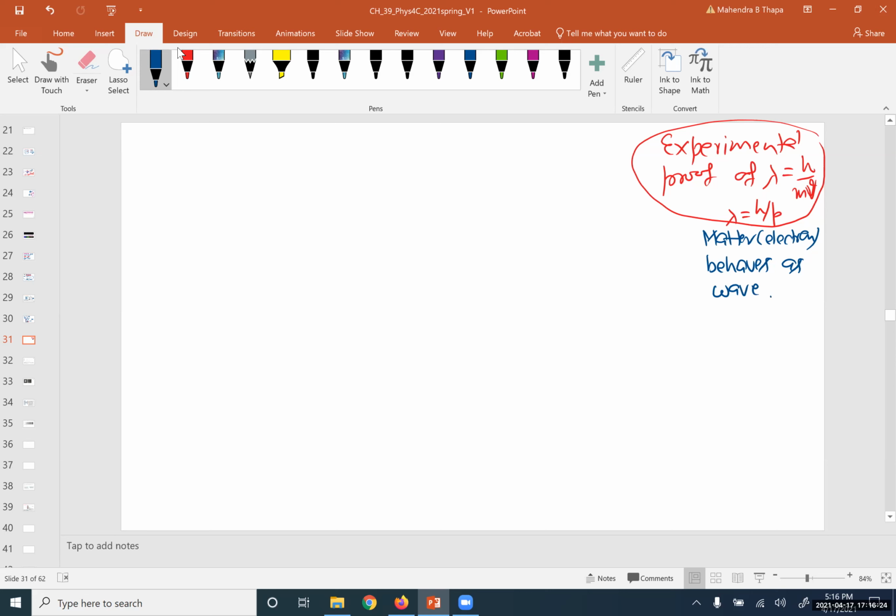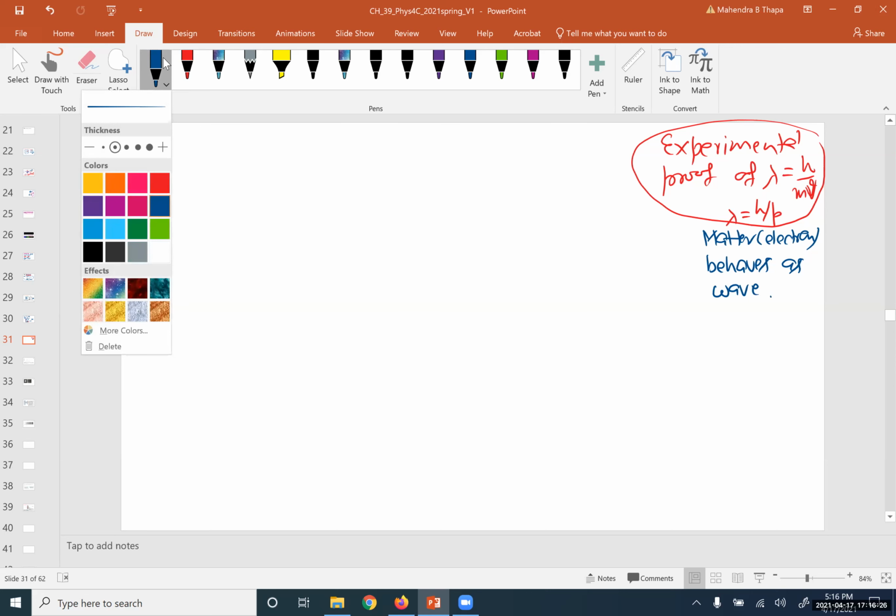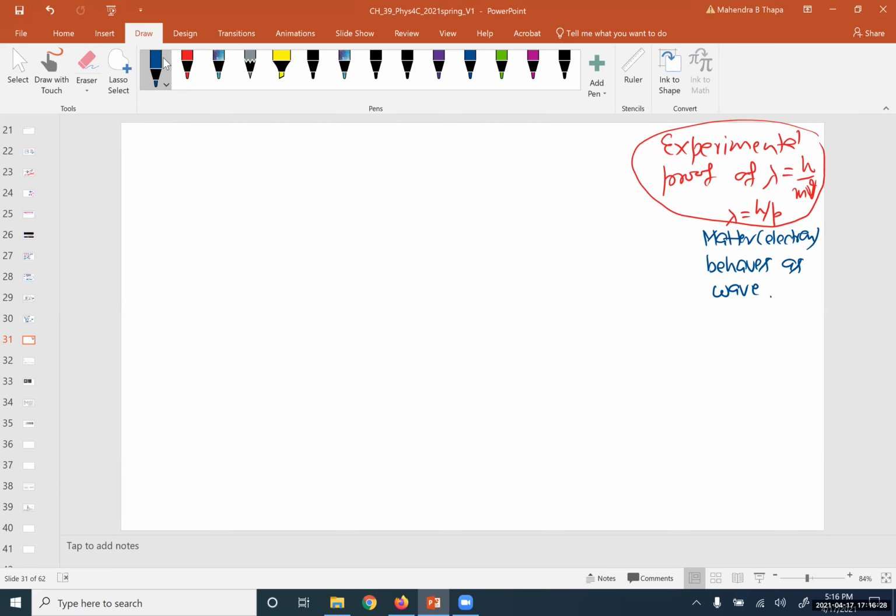So let's move further in our case. We want to use lambda equals h over p.